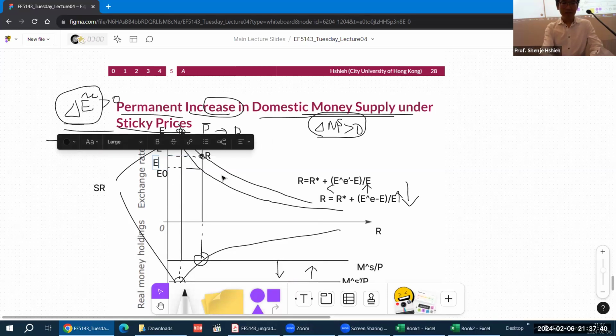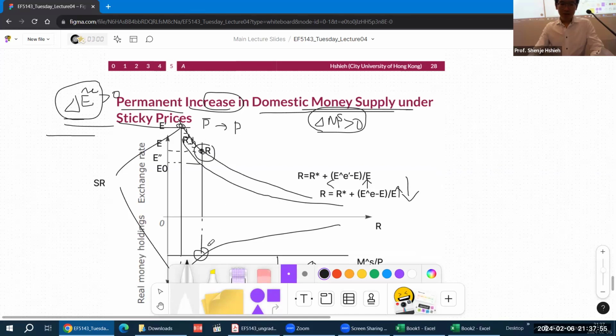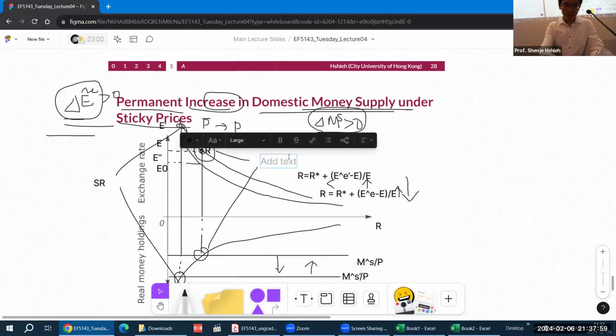So I'm going to write E double prime. So we have moved from this point here and we've transitioned slowly over time, as we move from short run to long run, to here, right? So E double prime. So this point is our long run equilibrium.